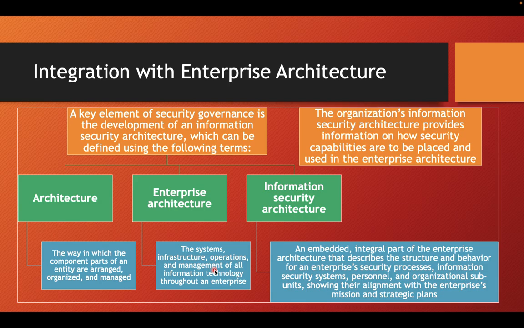So you're saying it's an integral part of the enterprise architecture that describes the structures and behavior for the enterprise security processes and the information security systems, the personnel that are working in the IT infrastructure, and the organizational sub-units, showing their alignment with the enterprise missions and strategic plans. So this is information security architecture.